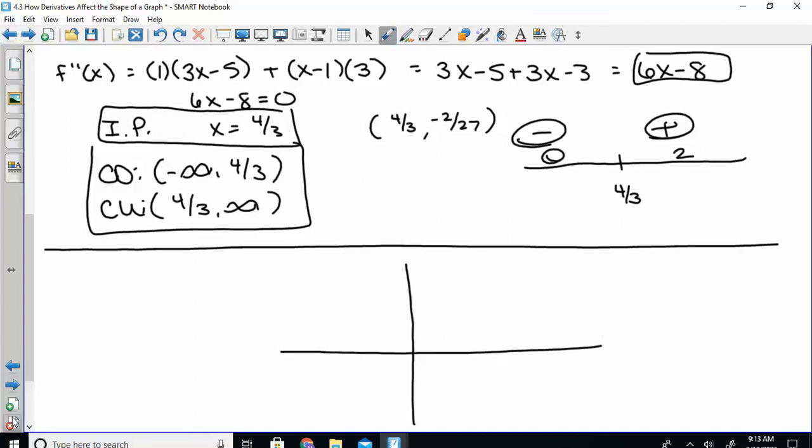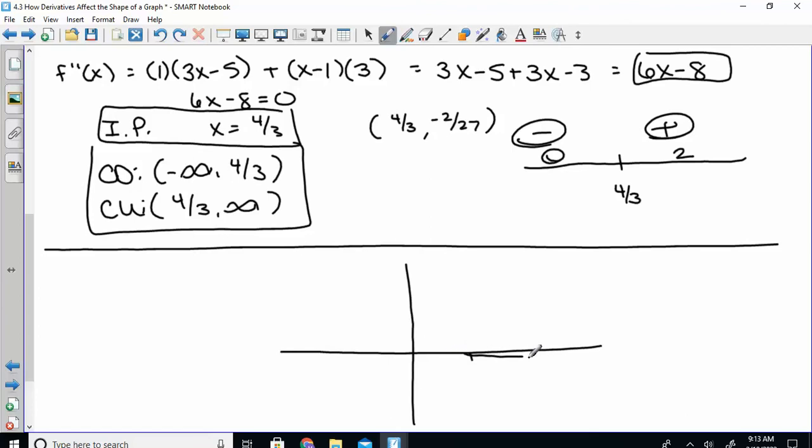So we found everything, now we just have to graph it. So, inflection point we mark with an X.